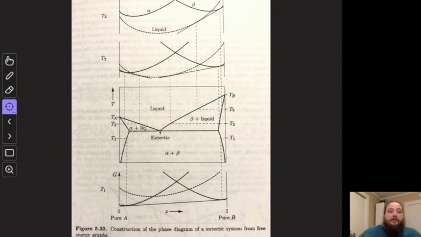But in general, this is the kind of behavior you could see, and there are a number of substances that show these useful phases.